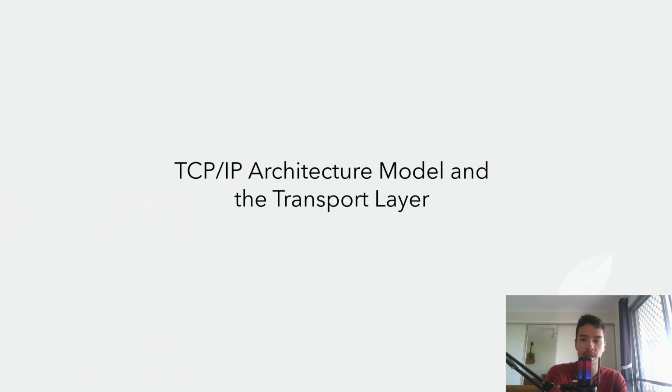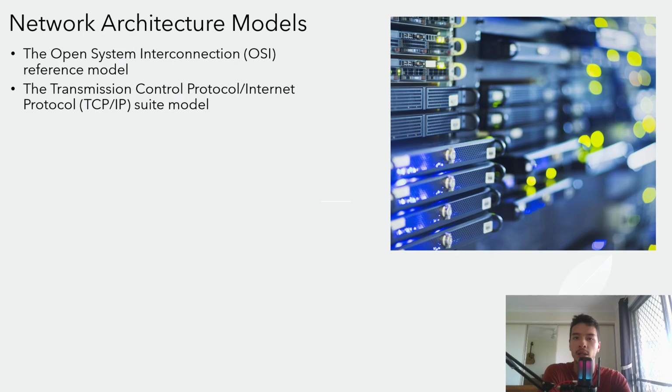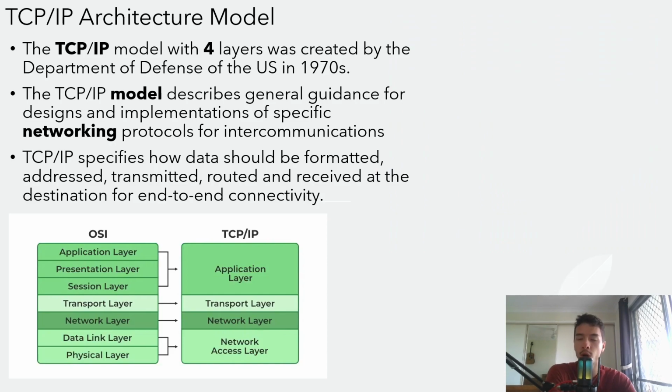Now, the TCP/IP architecture model and transport layer. The network architecture models are the Open Systems Interconnection, OSI, model, which is the model that it all runs off, and the Transmission Control Protocol/Internet Protocol, TCP/IP, suite model, which is the more essential, more refined version of the OSI. The TCP/IP model has 4 layers and was created in the 1970s.